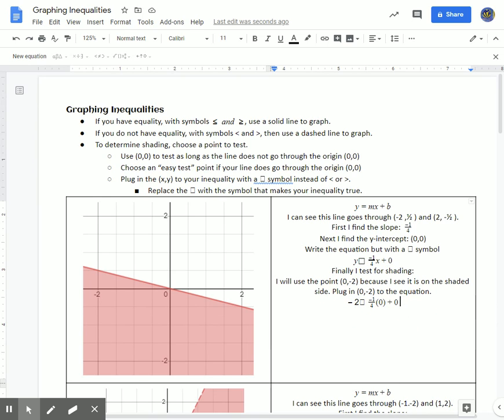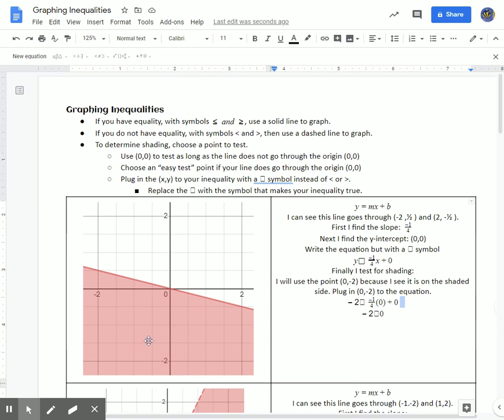So right here, I'm going to simplify this. What is -1/4 times 0? Well, that's 0. So really what I'm looking at here is a comparison between -2 and 0, right? So what symbol should I use?